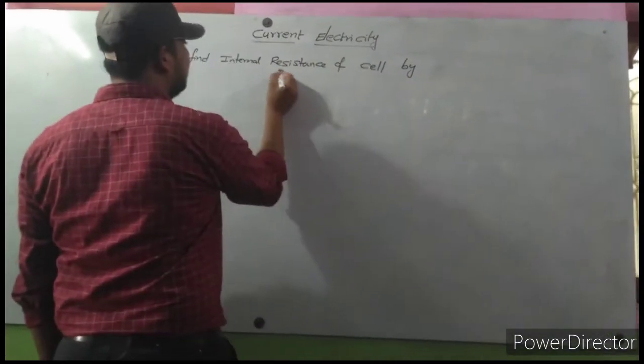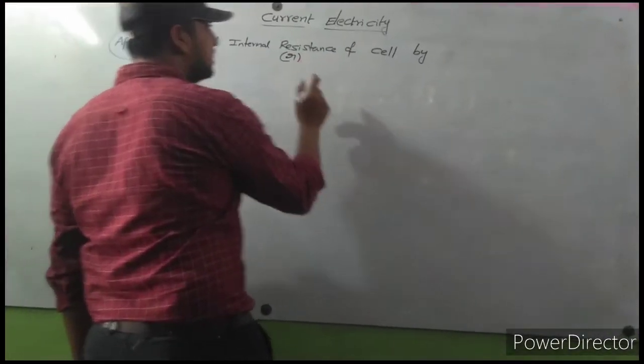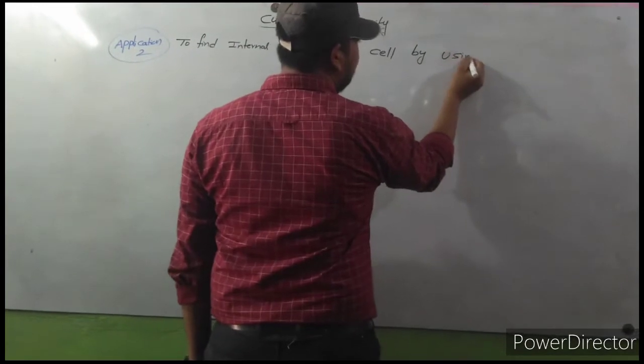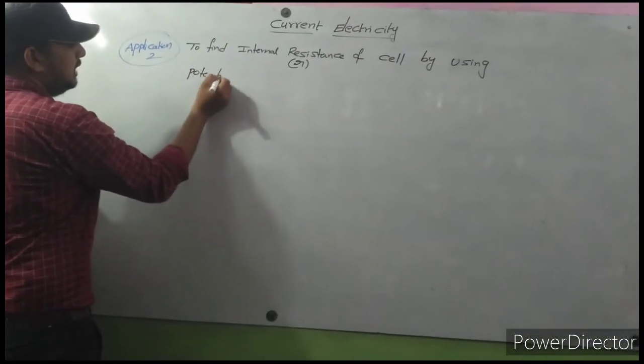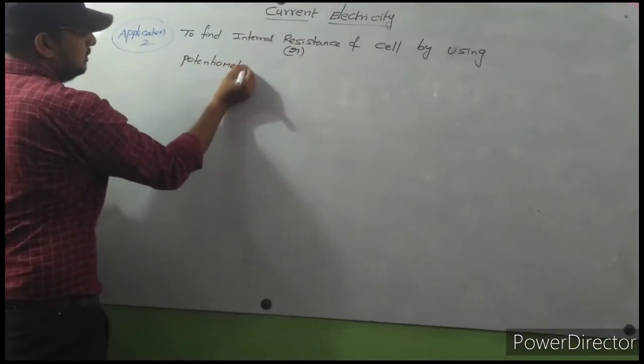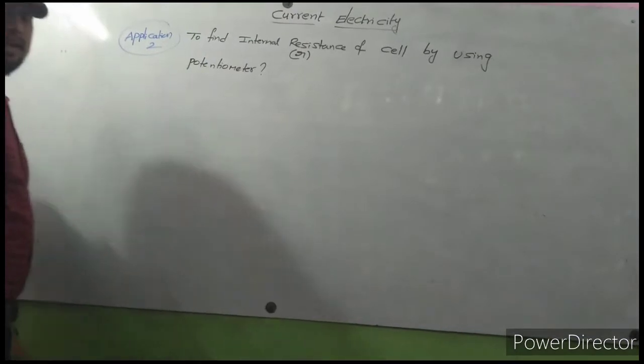Internal resistance is indicated with a small r. So this is a question like this they are asking.